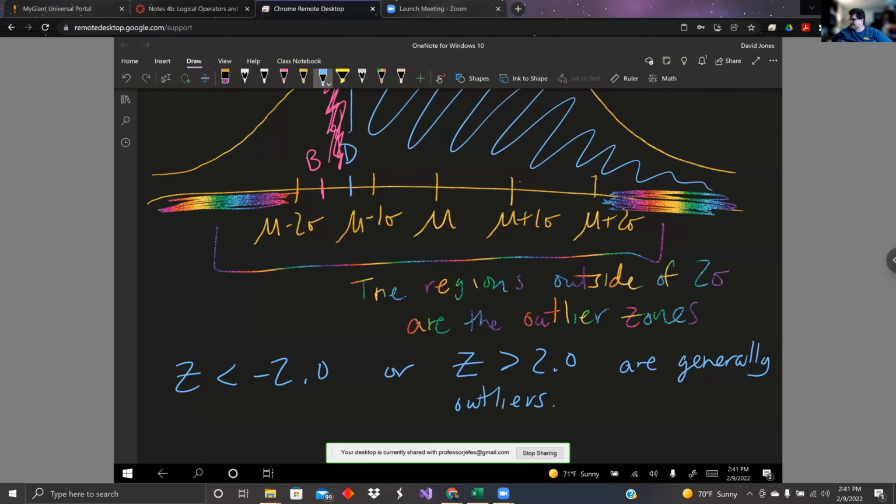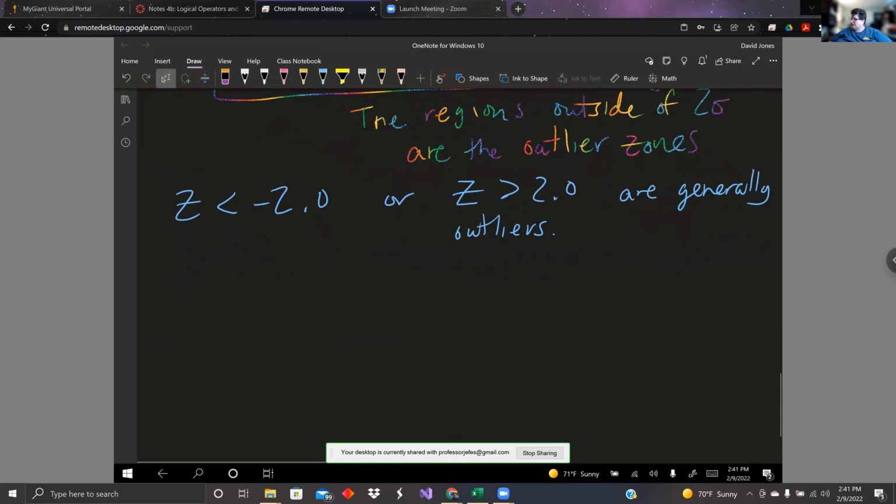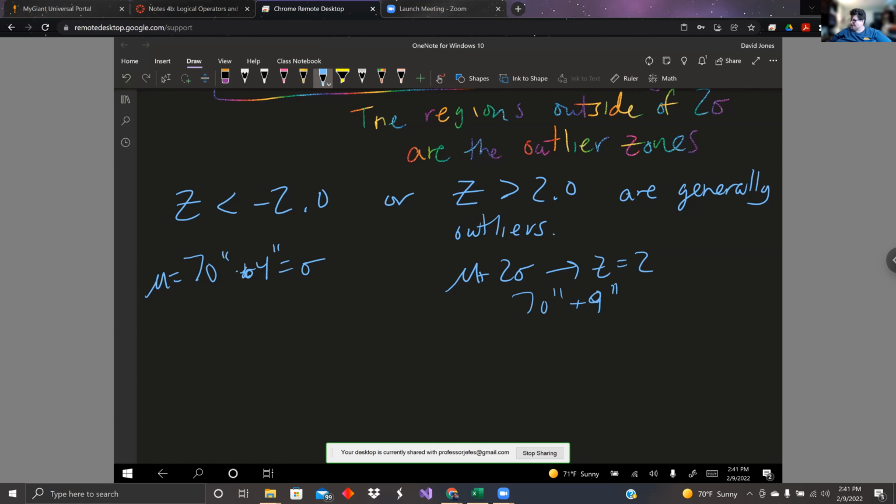How does that relate to guys? How could I get a z-score of 2.0? On guys, 70 inches was the mean and 4 inches was sigma. So mu plus 2 sigma, here z equals 2. 70 inches plus 2 times 4 inches is 8 inches, which is 78 inches.